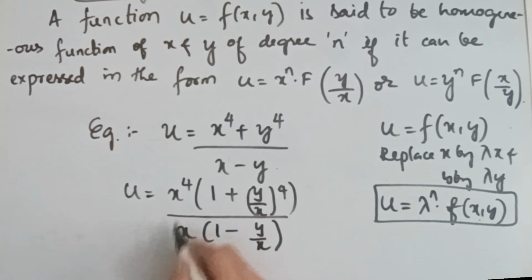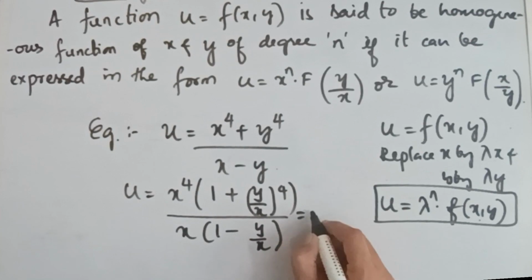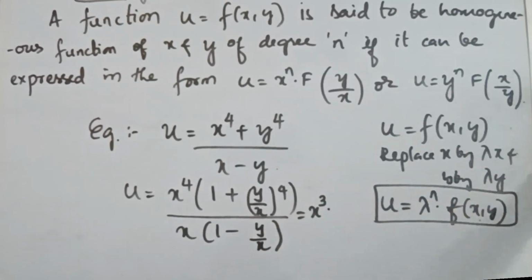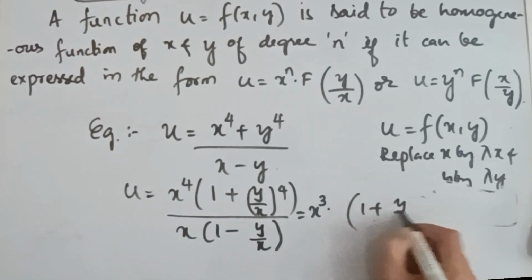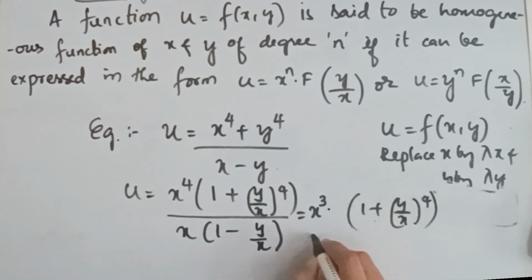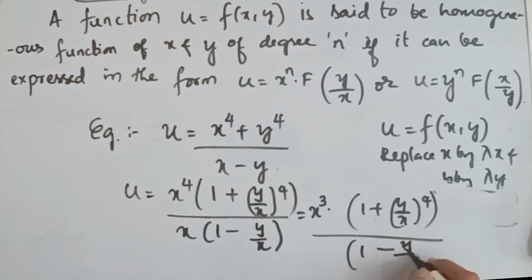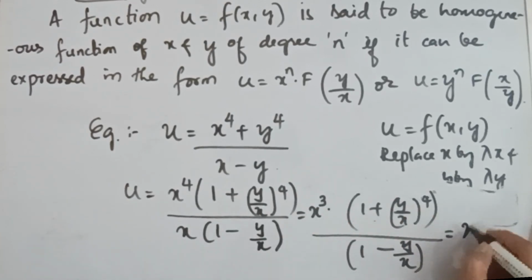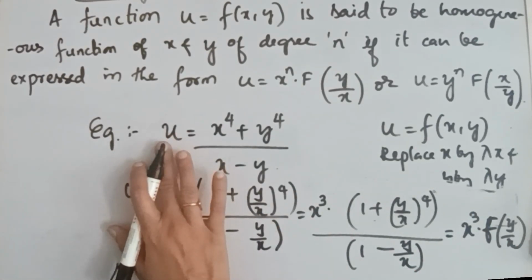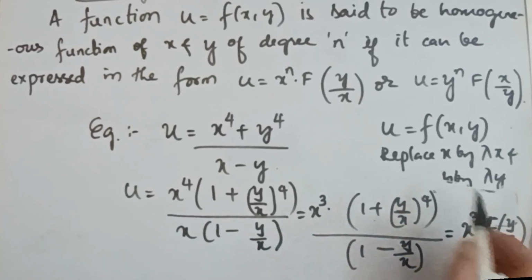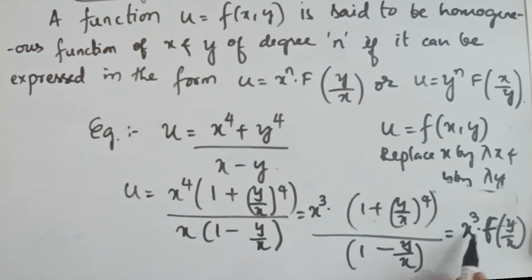Now you see here x 1x cancels, so you'll get x cube into 1 plus y by x to the power 4 divided by 1 minus y by x. You can see this is x cube into capital F of y by x. This is a function in terms of y by x. Therefore, this is homogeneous function of degree 3 in x and y. That is because here x cube is outside f of y by x.